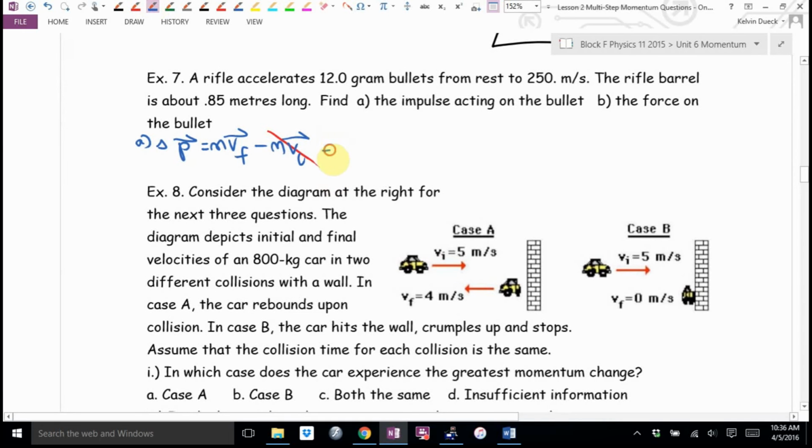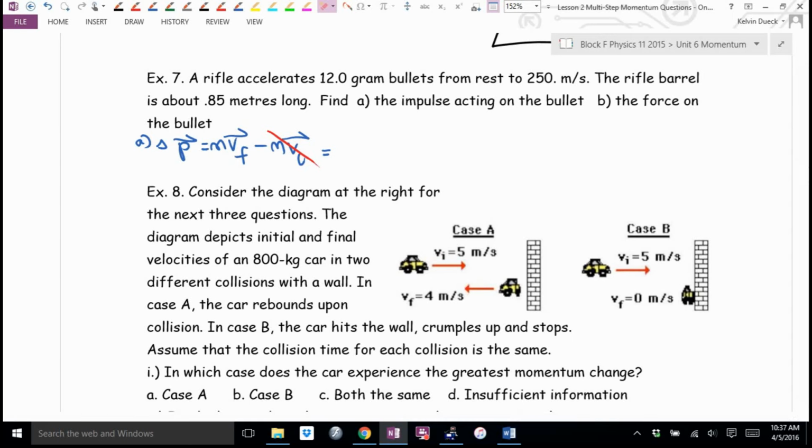Ryan, be careful. Don't say the mass is 12, because it's not. Look up, Ryan. Is the mass 12? Why? Because I gave you the mass in what units? If the mass was 12 kilograms, that's a bowling ball sized bullet.